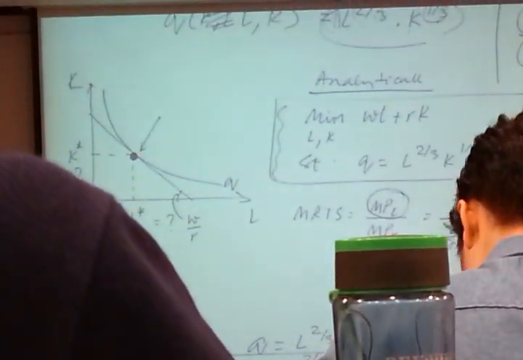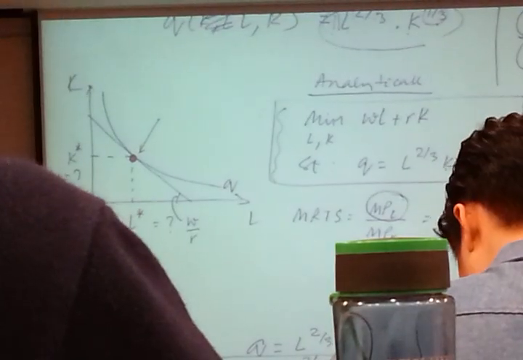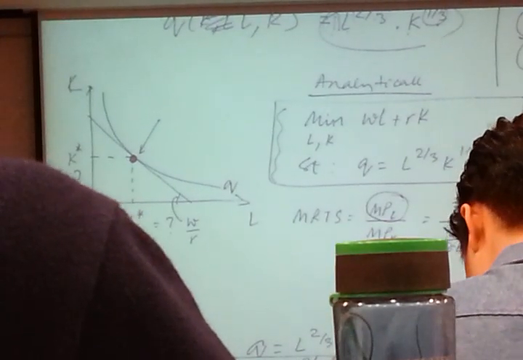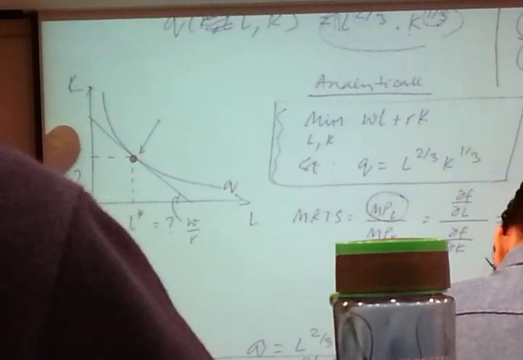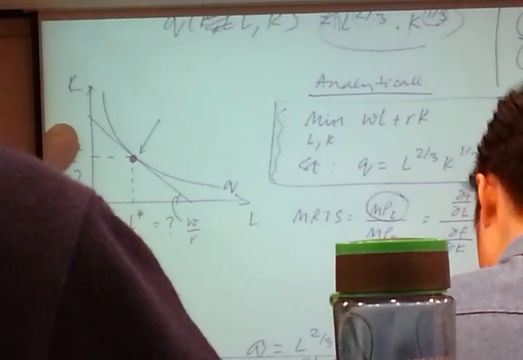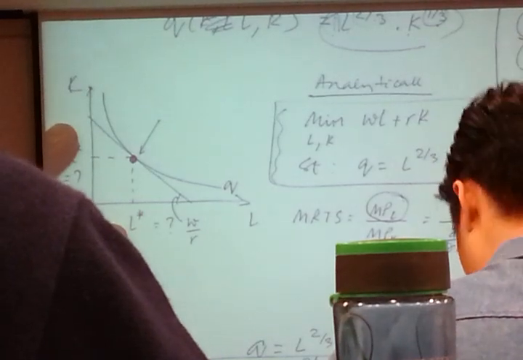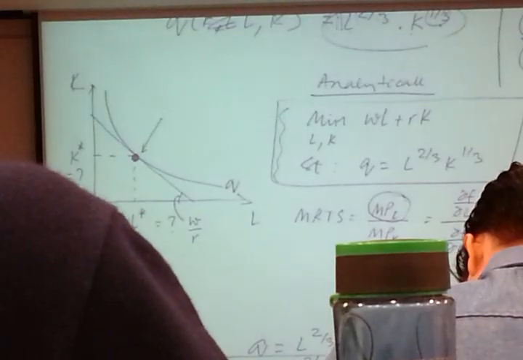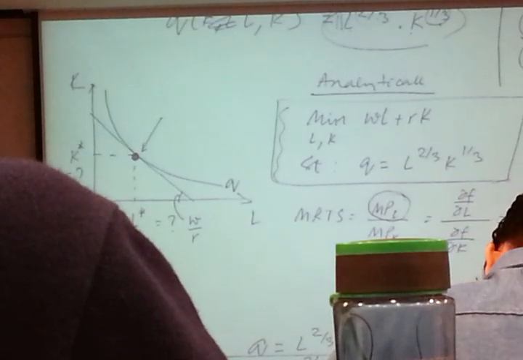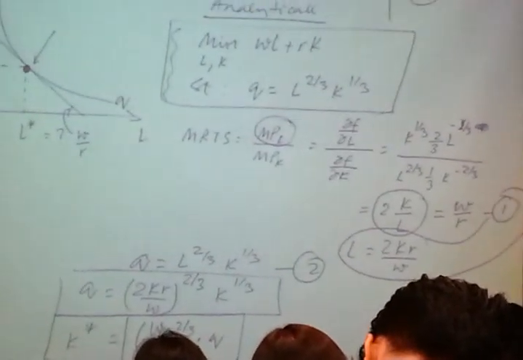I'll cheat. K star equals (W over 2R)^(2/3) times Q. This is your conditional demand for capital. Understand the logic? Solve these two equations simultaneously and you will get K star. That's what I'm trying to emphasize, not the algebra.